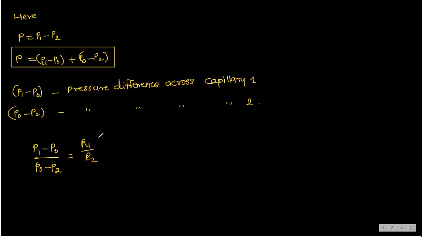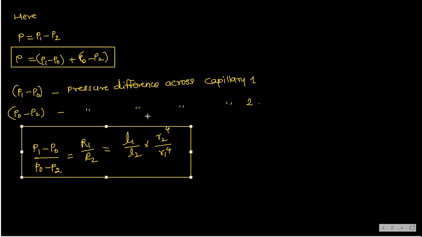Yes, no. Then what we will get? This is equal to L1 by L2 into R2 power 4 divided by R1 power 4. So if suppose they are asking you to find the pressure difference or ratio of pressure difference, then you can use this formula.